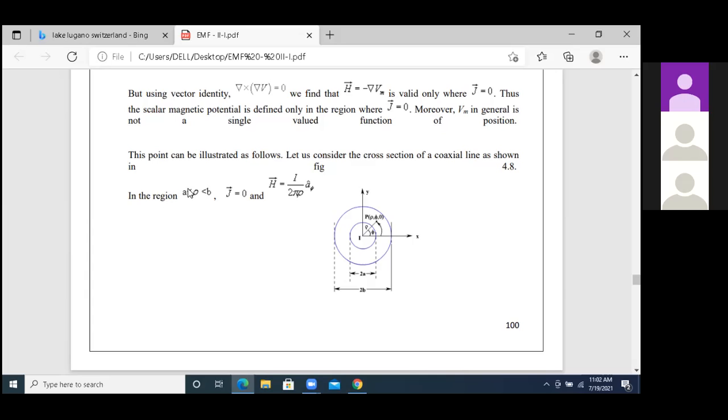So we have region a less than rho, which is less than b. Here to here is b. Here to here is a. So a less than rho less than b.